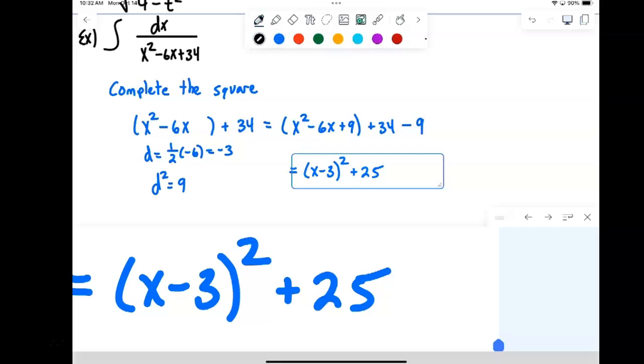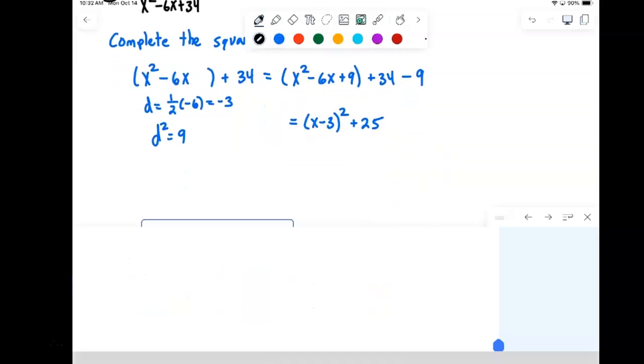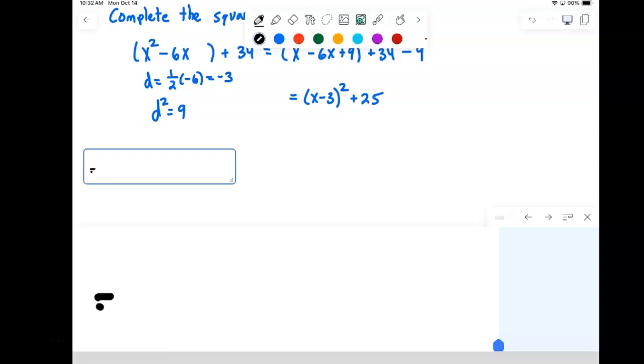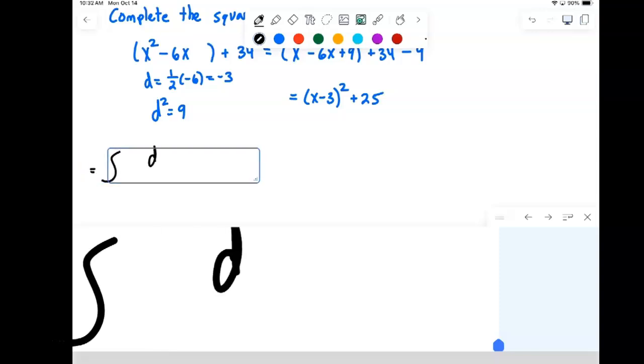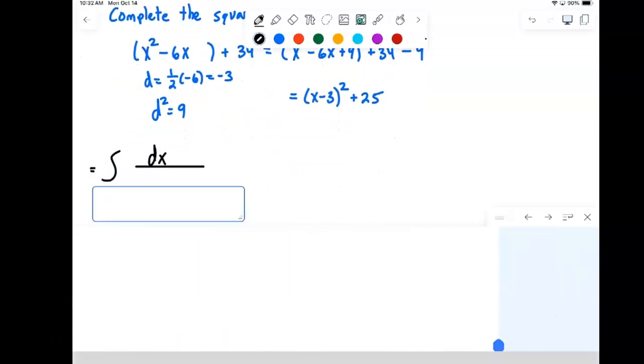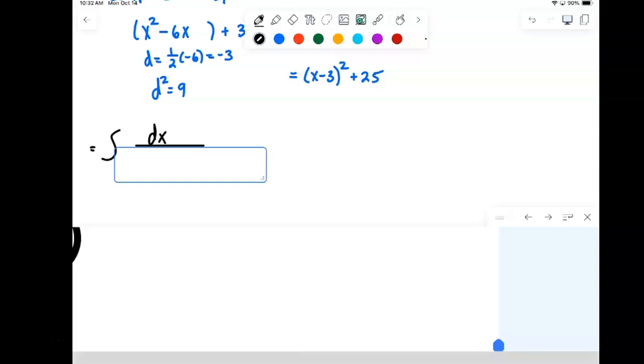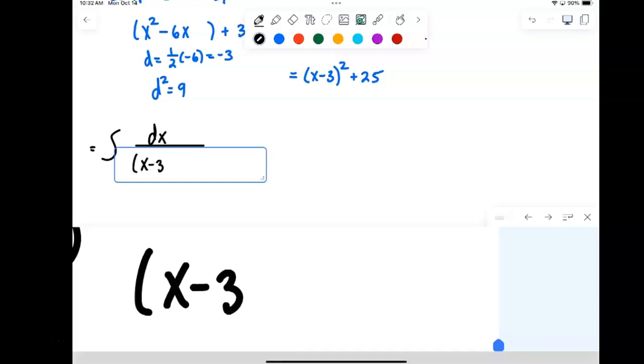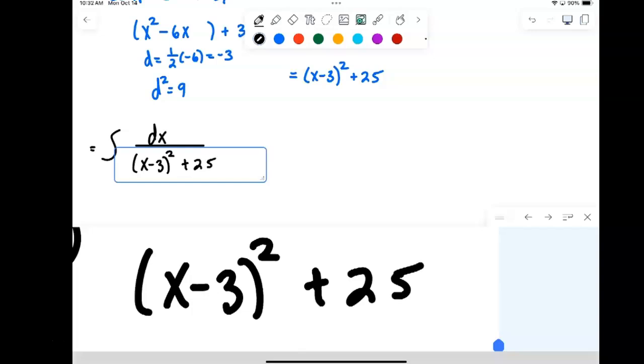And so now we've completed the square, and how that helps us is that we don't have both an x and an x squared variable. Instead, we have the quantity x minus 3 squared plus 25.